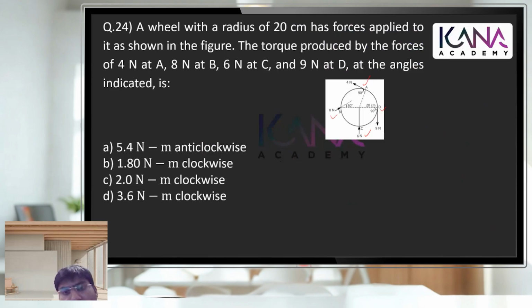The torque will be 9 into 8 sin 30 minus 4 into 0.2, because the radius is 20 centimeter, and it's clockwise.